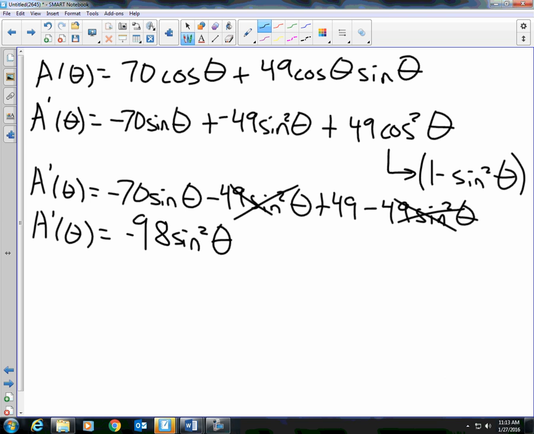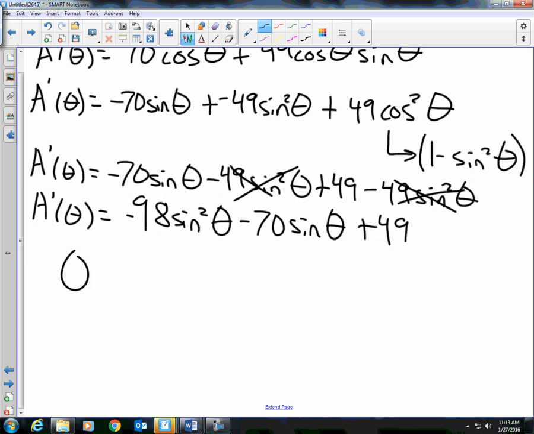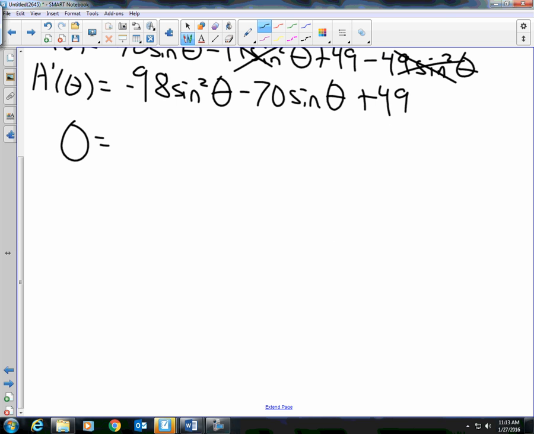I have negative 98 sine squared, right? Minus 70 sine of theta plus 49. We're going to set that thing equal to 0. Okay, it's equal to 0. Great. How do I solve it?